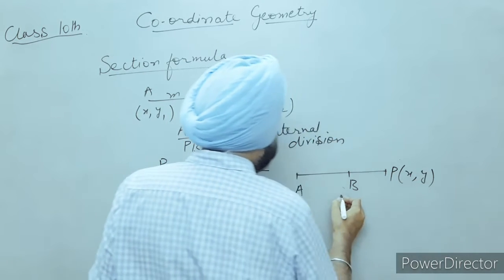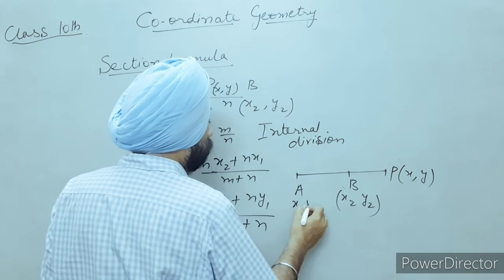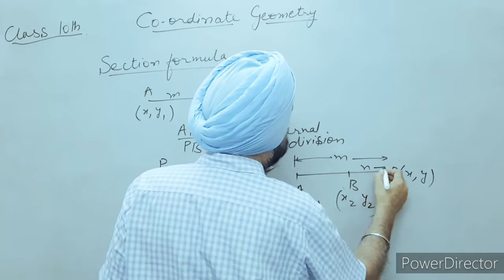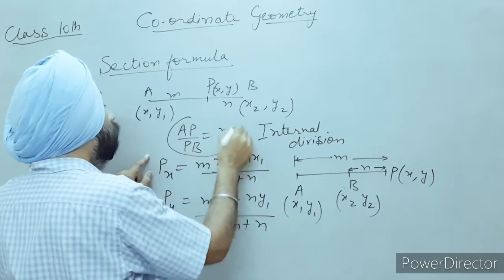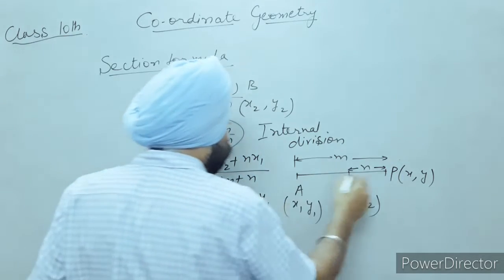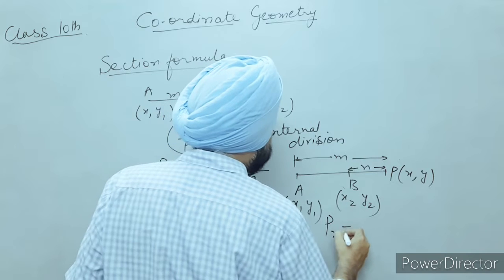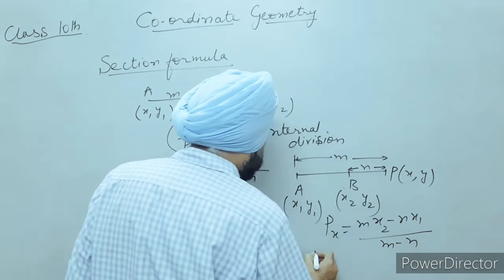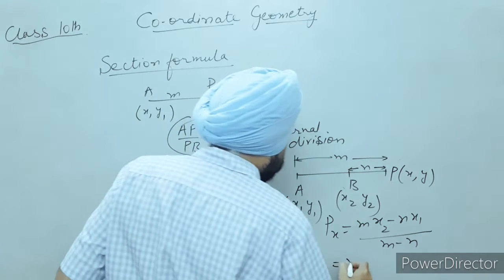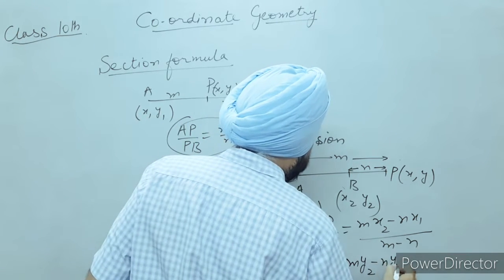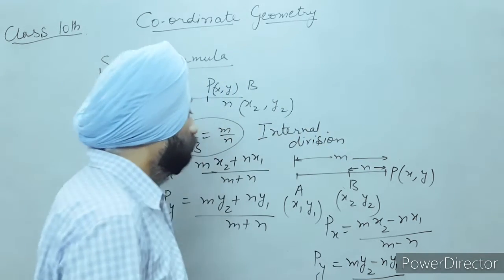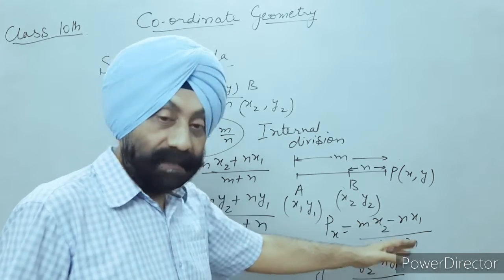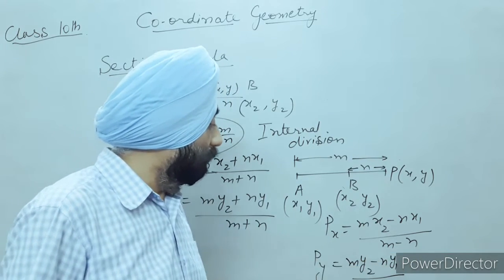The ratio remains the same, AP upon PB equals m:n. Now the abscissa of point P is (m x2 minus n x1) divided by (m minus n), and the ordinate of point P is (m y2 minus n y1) divided by (m minus n). These are the coordinates of point P.